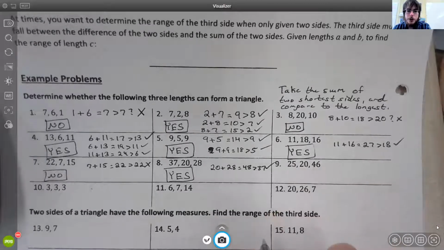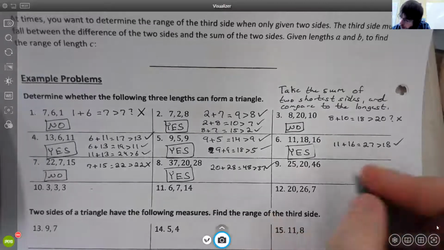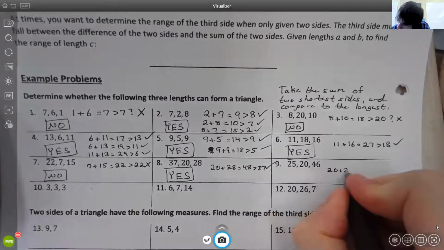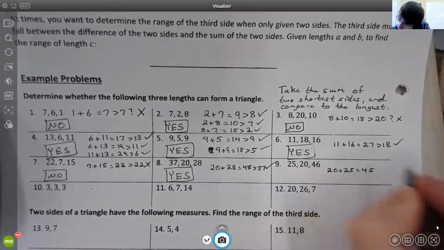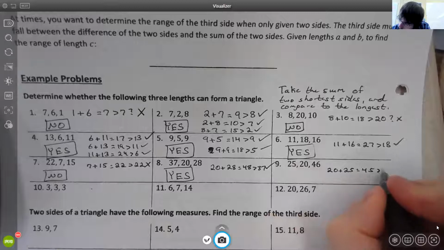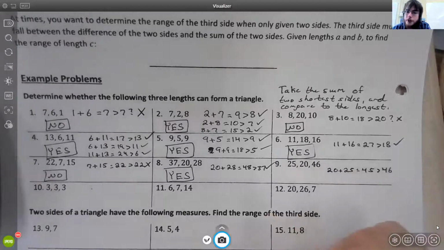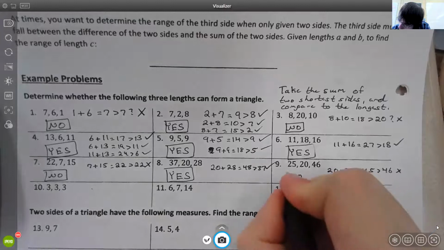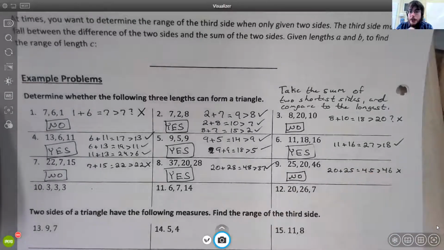We take our two shortest sides, add them together. So 20 plus 25 gives us 45. Then we compare it to 46. Is 45 greater than 46? No, it is not. So that means that this is not a triangle.